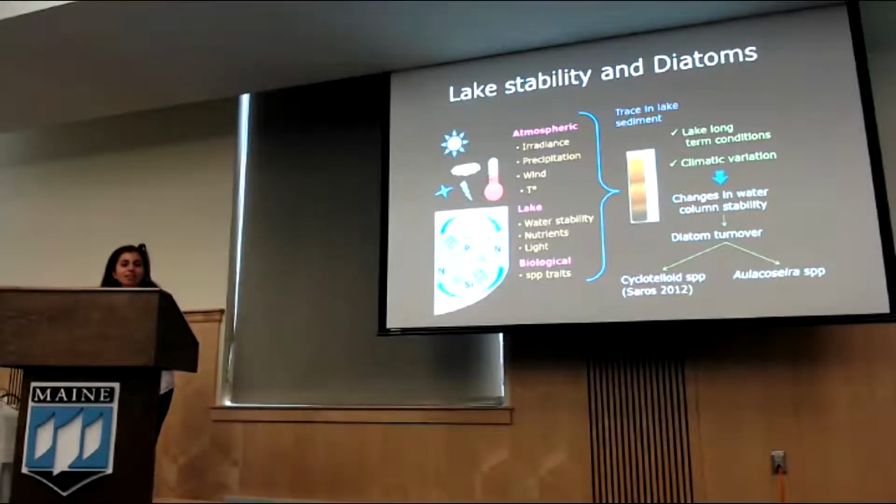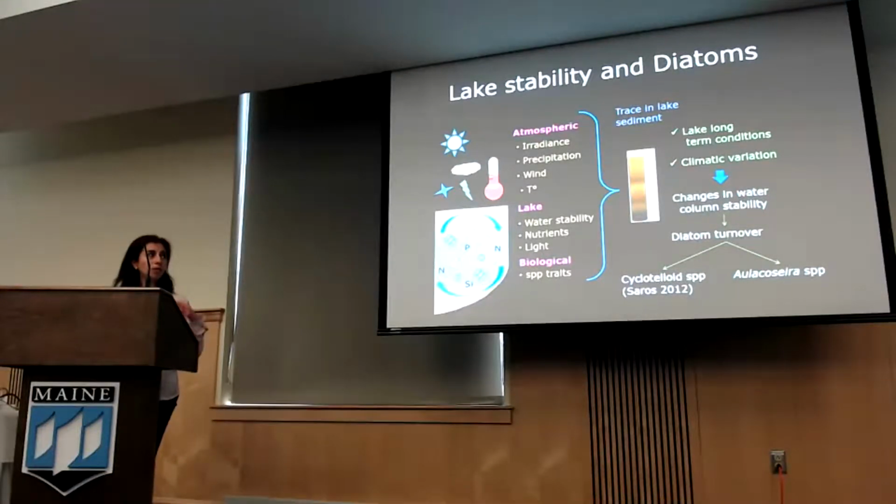So the first thing to say is that the water stability in lakes is the product of the interaction between climatic and physical aspects. The lake acidification is the product of the absorbance by water of solar energy and the capacity to transport that heat through the water column.